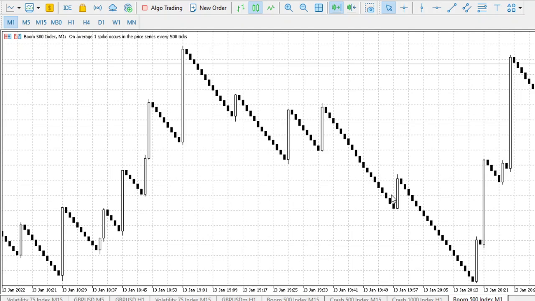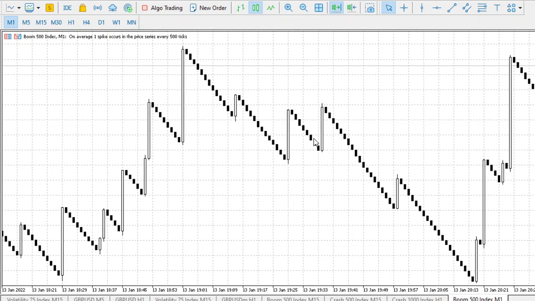A lot of people trade boom and crash while aiming for these ticks, because they seem very easy to spot, but in actual fact it is not that easy. Why is it so?